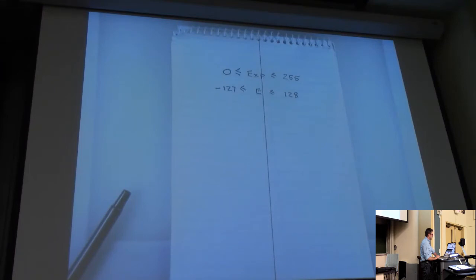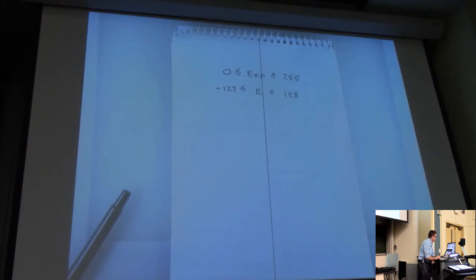So what's exp in this case? 1. Minus 7, the bias, is minus 6. So lo and behold, it's the same exponent as the previous denormalized number. So this is actually very clever by the IEEE folks, because you get this nice smooth transition from denorms to normalized. So you can see that our exponent e is minus 6 still.